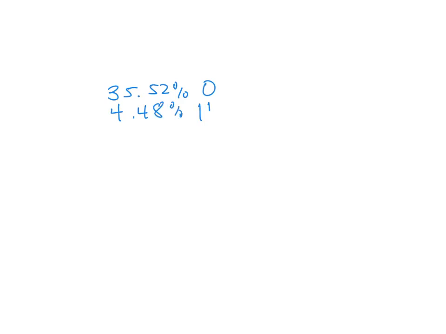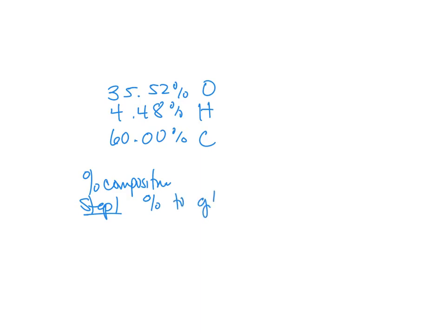4.48% hydrogen, and 60.00% carbon. So this is the other problem that you could get for percent composition. And so what you want to do, step one, you want to convert the percent to gram per mole. So you're just changing units and you don't have to do anything special.